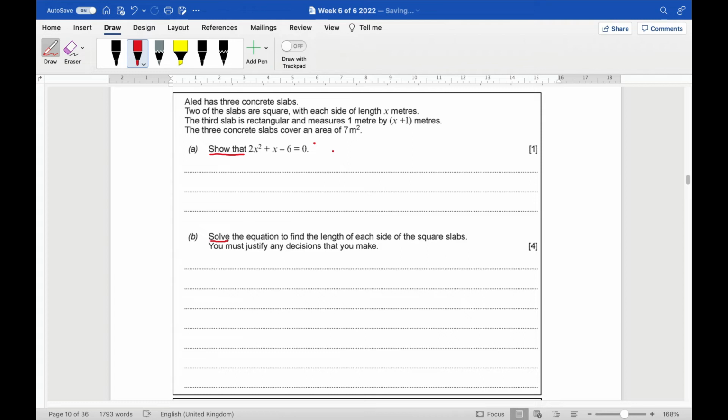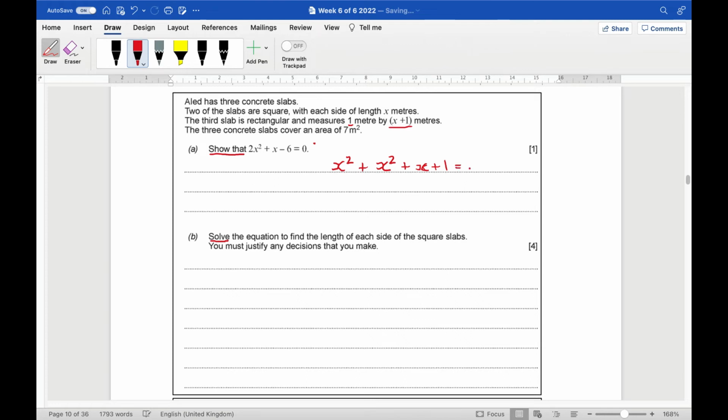If I were to write that as a bit of algebra, I would say, okay, the first slab is x times x. The second slab is x times x. The third slab is 1 times that. What if I times it by 1? You could leave it in the brackets, I suppose, but it's like expanding the brackets, but with a 1 outside, 1 times x and 1 times 1, okay?